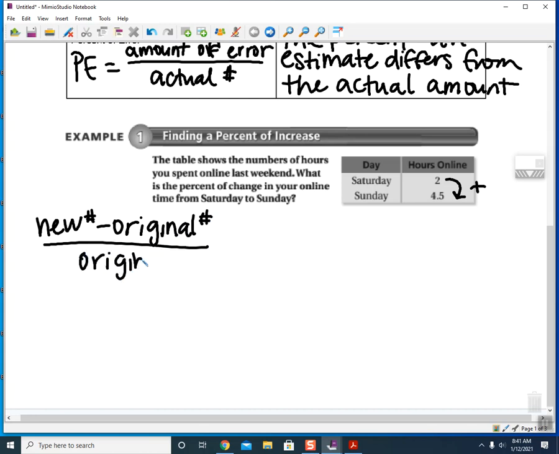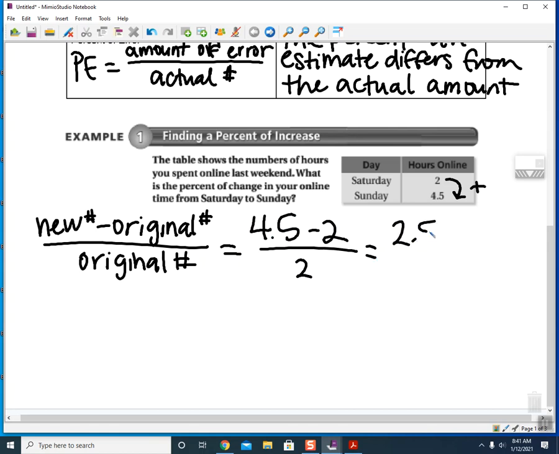So here's what that looks like. I'm taking 4.5 minus 2 divided by 2. Will give me 2.5 divided by 2. When I do that, I'm going to get an answer of 1.25.